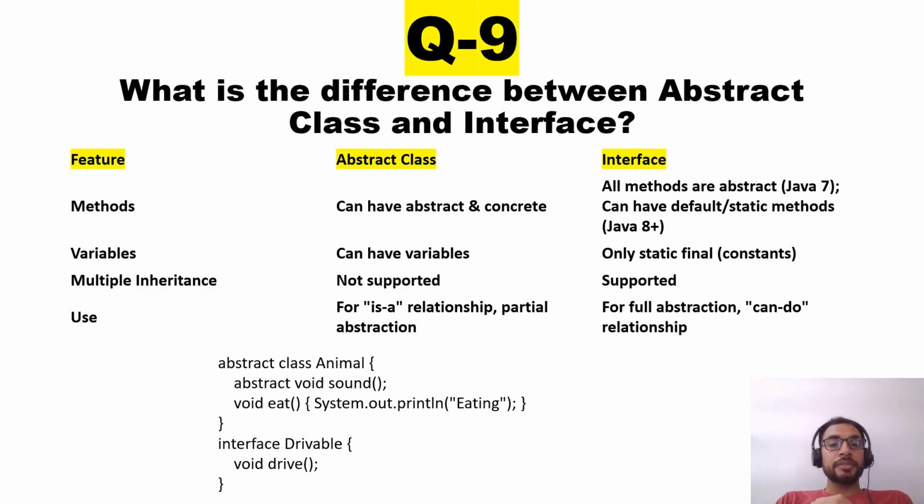Variables: an abstract class can have variables, but an interface only static, final constants. Multiple inheritance is not supported by abstract classes, but interfaces support multiple inheritance. An abstract class is used for an is-a relationship, or you can say partial abstraction. An interface is for full abstraction and can-do relationship.